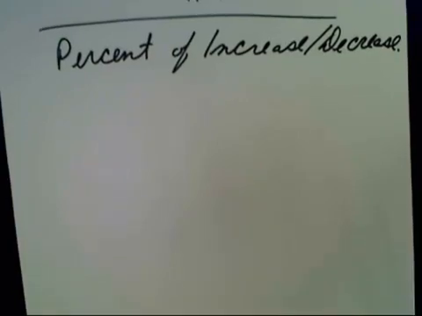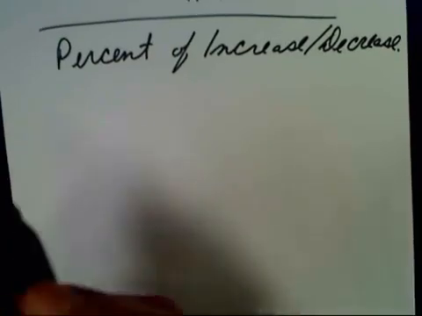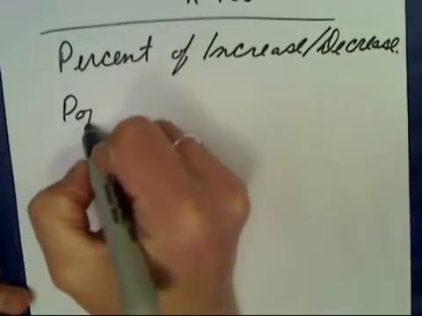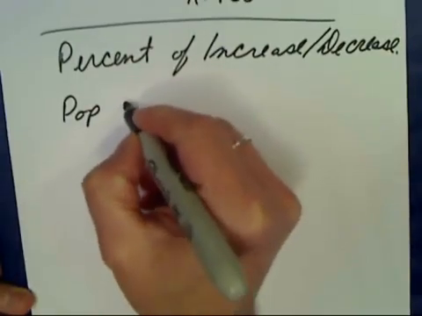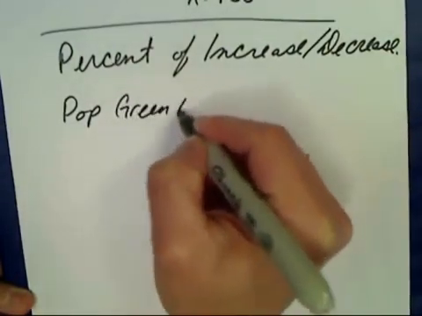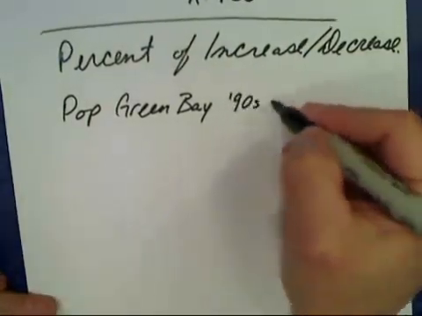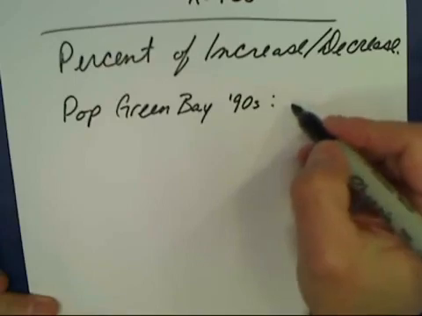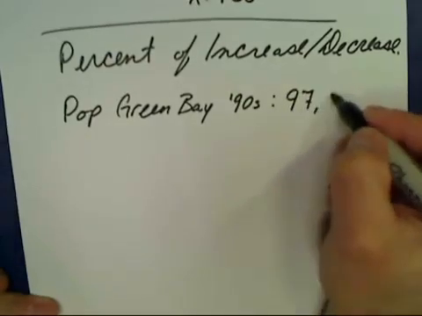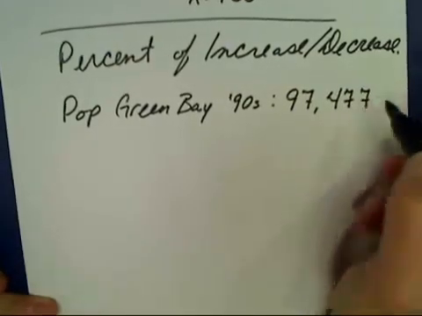An example of a percent of increase problem would be, say we have a population question. Say the population of Green Bay in the 90s, I remember the sign used to always say this at least, I do believe it was 97,477.